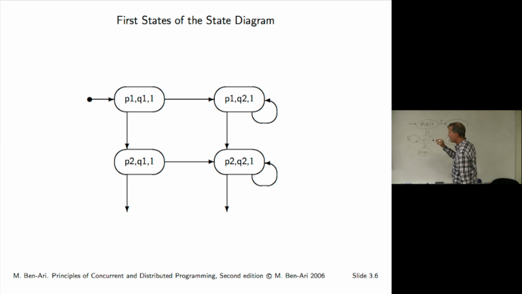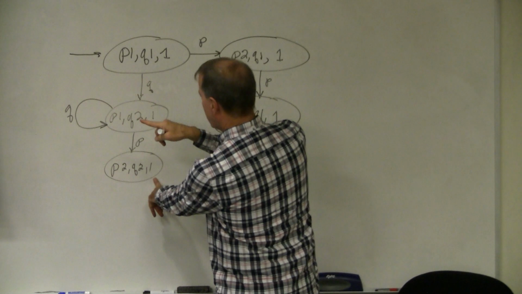And now, how can we get these? Did we do our loops right? We went down instead. Yeah, our geometry was a little mixed up. But how did we get to P2Q21? Here's P2Q21. What's another way to get to P2Q2?